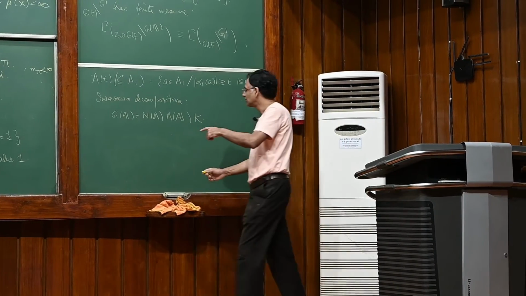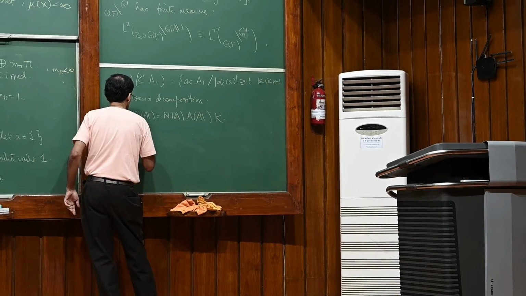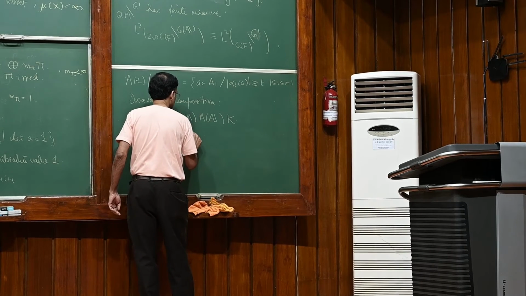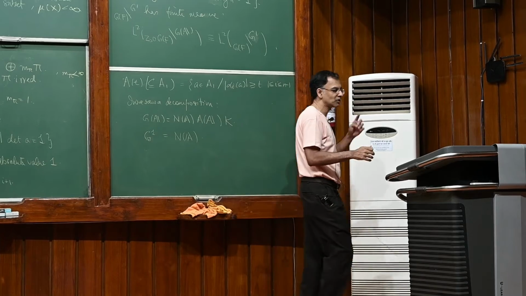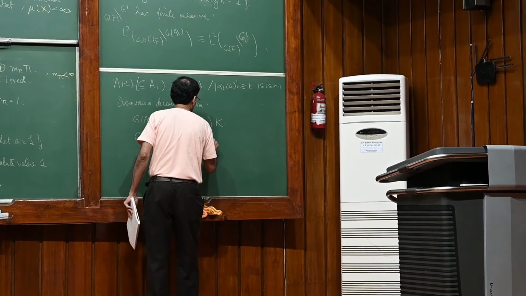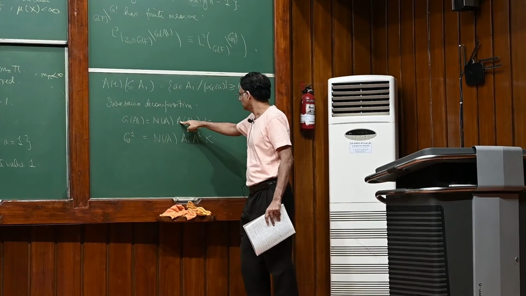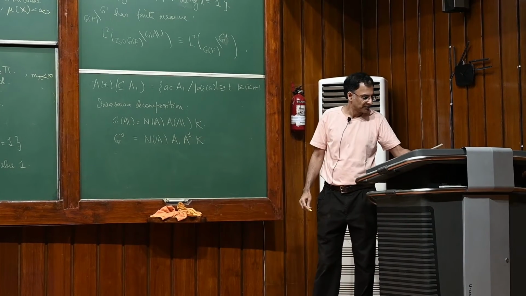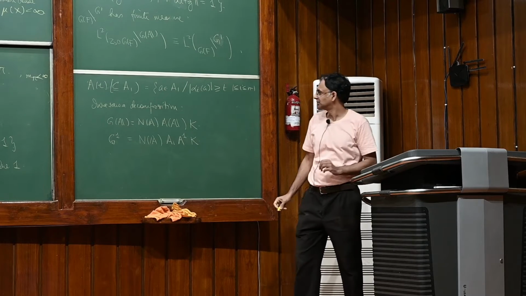And for G1, basically that's removing the Z greater than 0, so of course the N_A stays where it is, but here we'll end up having A lower 1, A upper 1 and K. Basically the diagonal, if you just remove the Z greater than 0, this is what you'll end up with. Now I can define a Siegel set as follows.